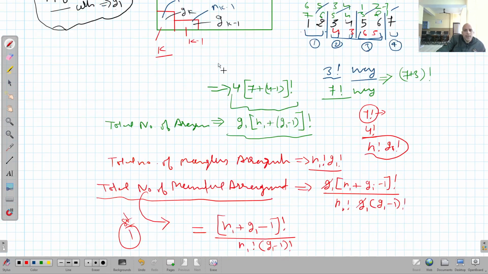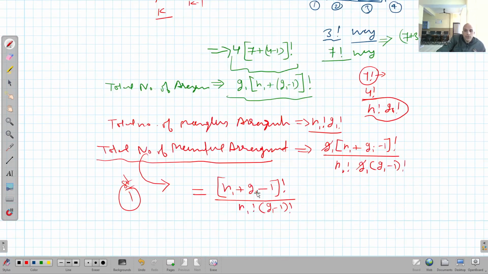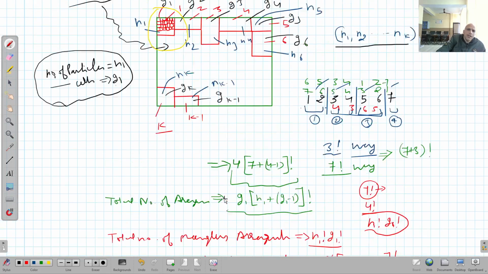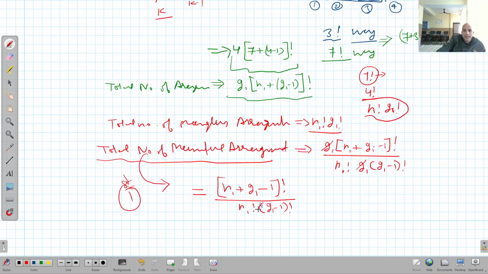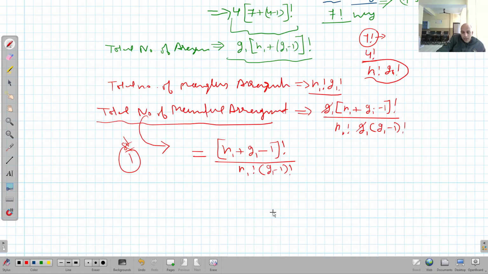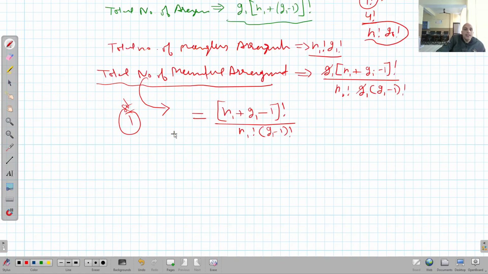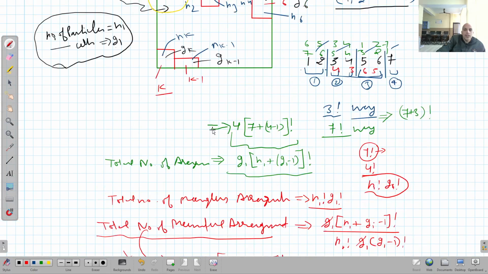For the second compartment, here it will come to N2, G2, N2, G2. Same thing, kth compartment: Nk, Gk, Nk, Gk. So we will have all these different numbers of meaningful arrangements for all these compartments.